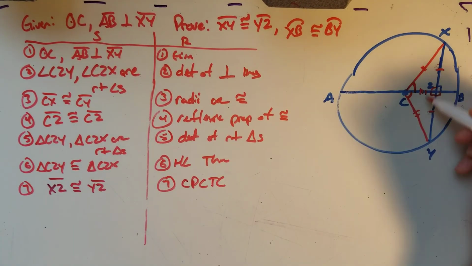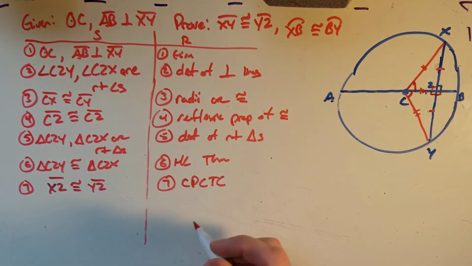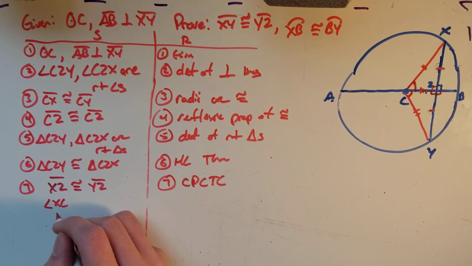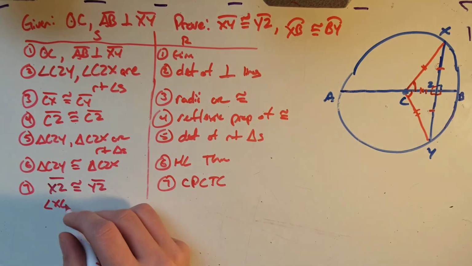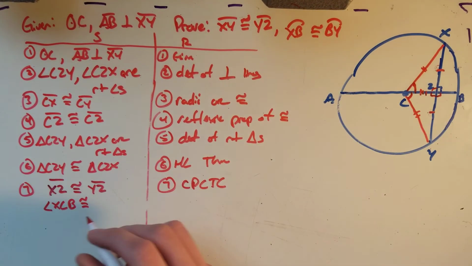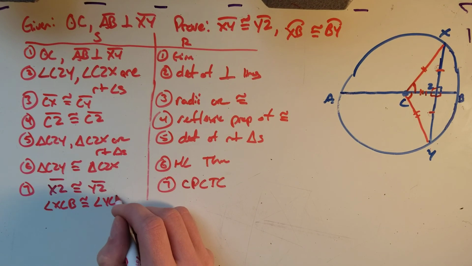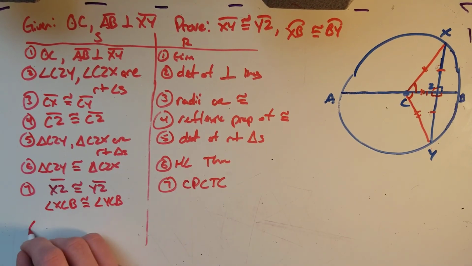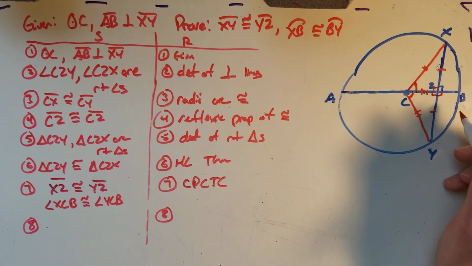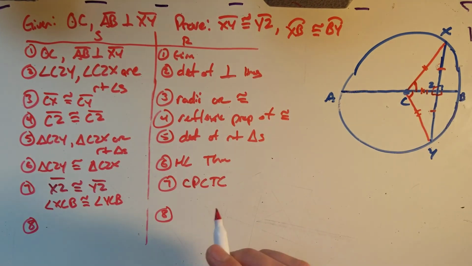Well, yeah, because we have 2 right triangles, and those are within the triangles. We also can say that, and I'm going to say it as angle XCB, that angle is congruent to YCB. And that's from CPCTC. I'm only using the B here instead of the Z just because maybe it'll help us see the arc that we have.